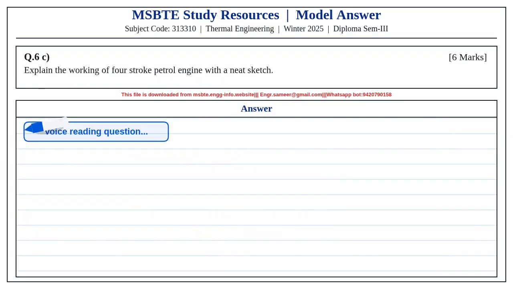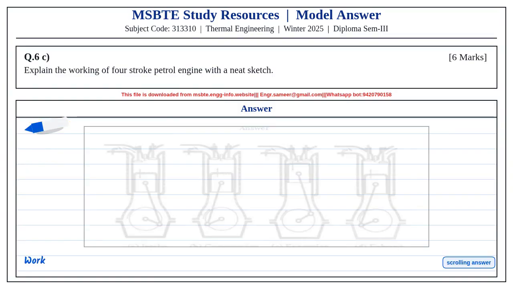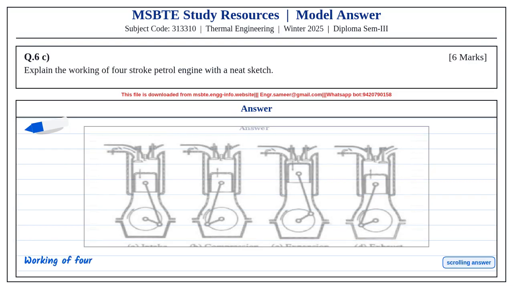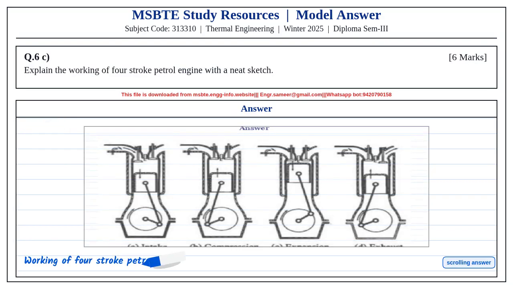Question 6c. Explain the working of 4-stroke petrol engine with a neat sketch. See the image carefully. You will have to reproduce the 4 strokes of petrol engine in the exam.